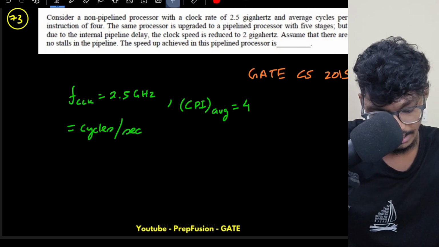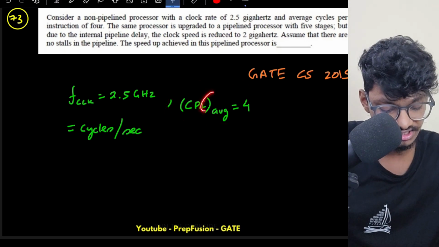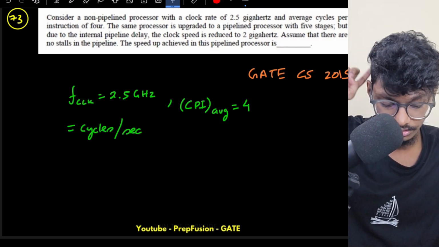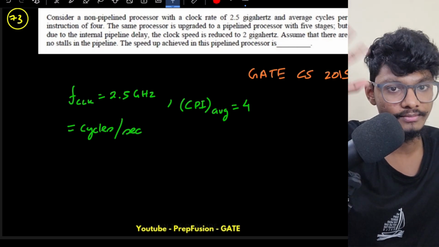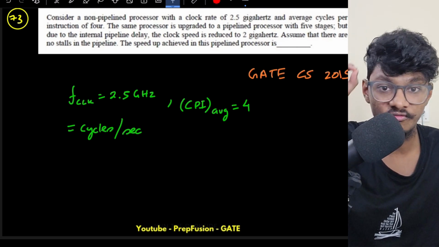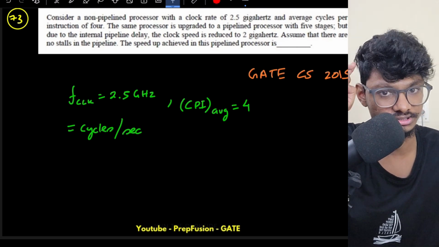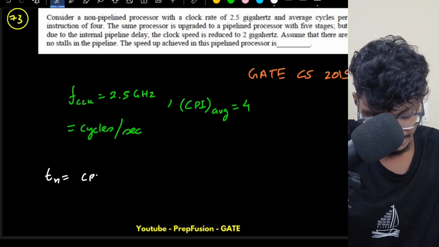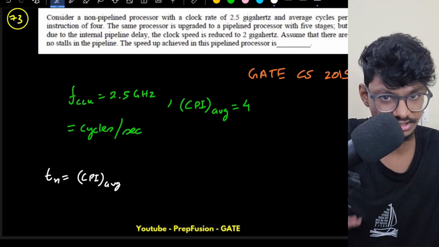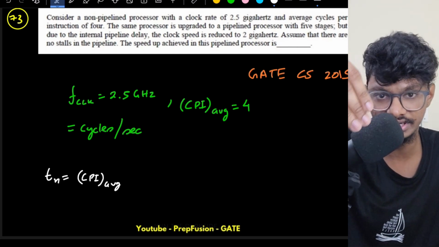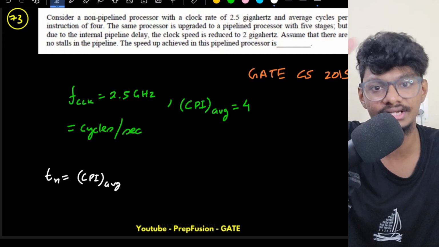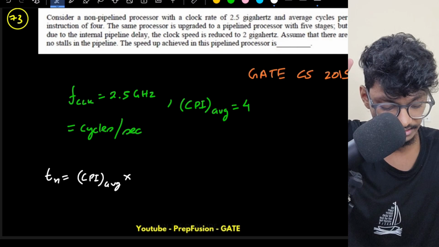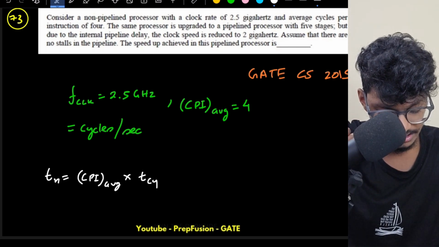And they have told me how many cycles each instruction takes. So from this information, can I find out the total time of each instruction for a non-pipeline processor, that is TN? TN will be equal to CPI average, the number of cycles per instruction, because I need to find out the execution time of a single instruction. So the number of cycles times the time taken by each cycle, or T cycle.